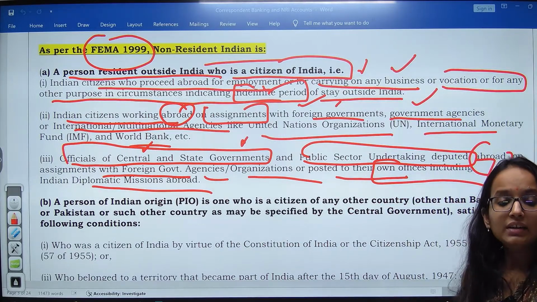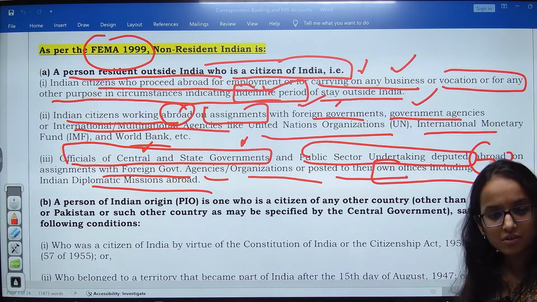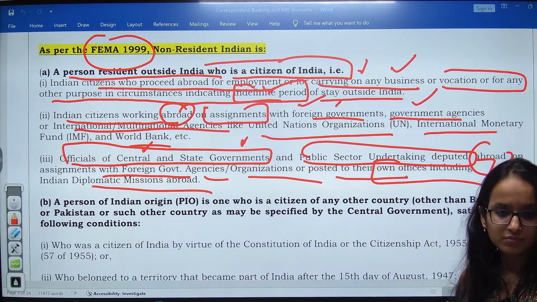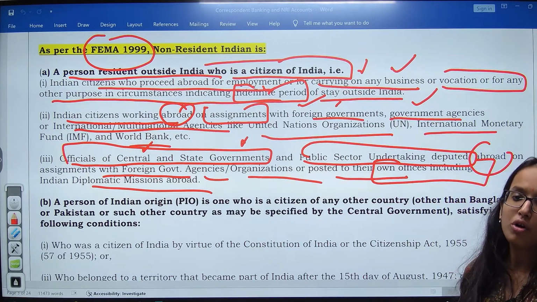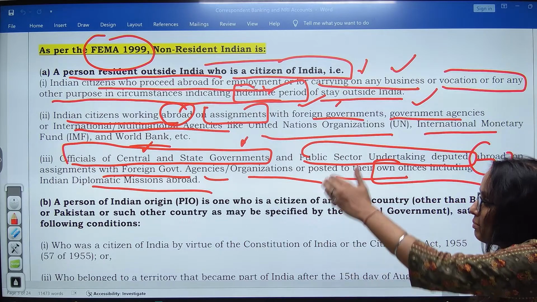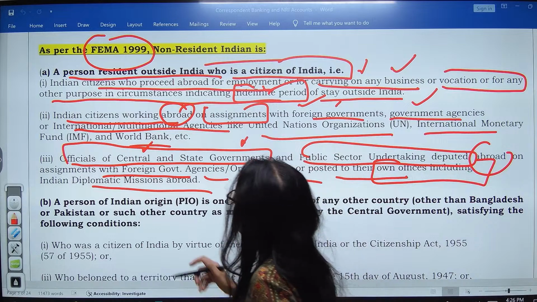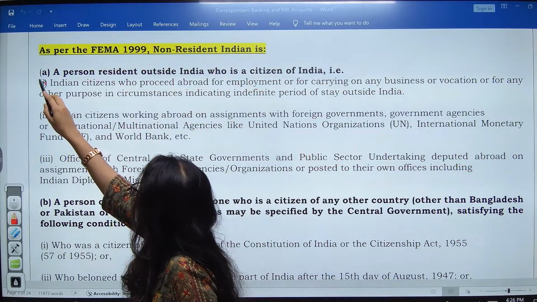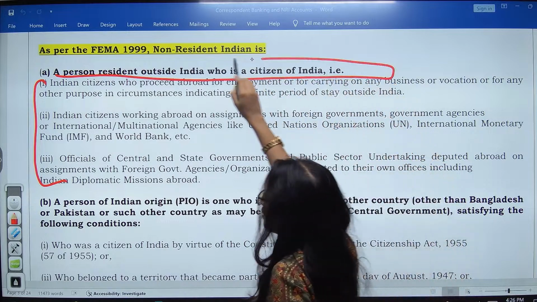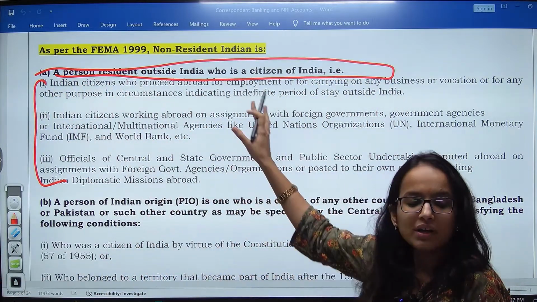Second, went for some assignment from the government, or went on deputation on behalf of, say, the central government of India, a state government of any state of India, or officers from some public sector undertakings working over there. So these will be classified as NRI. So all these three criteria are for a person resident outside India who is a citizen of India. For them, these are the criteria to be called an NRI.